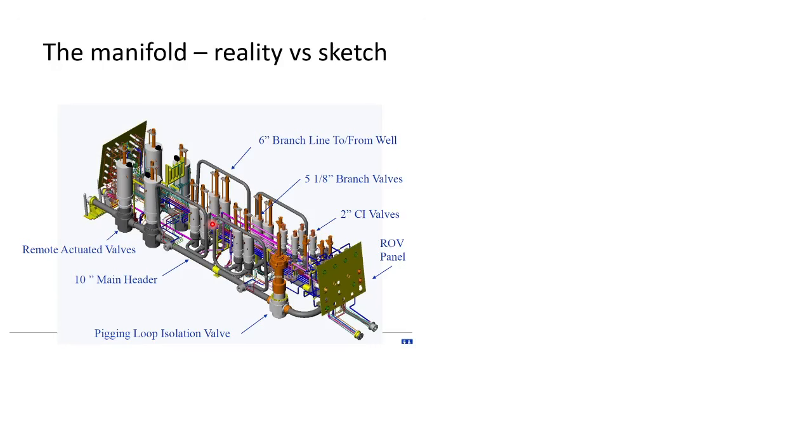Okay, so let's try to make a sketch of how it looks, just to make sure that you understand. First we have the well, the places where the wells are. I'm going to exaggerate a bit here.